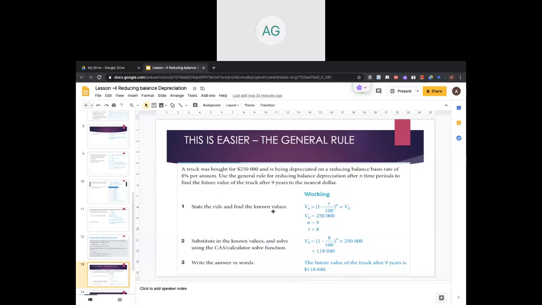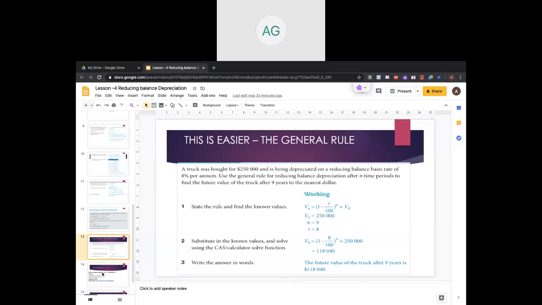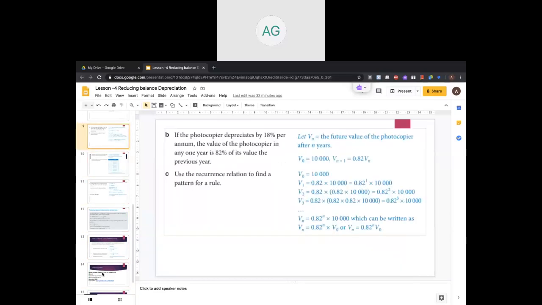That's it. So you need to check in the question whether it's a reducing balance or a flat rate, because there is a difference. So be careful about that in your SAC and exams. All right, I hope that makes sense. You just need to note how to find the recurrence relation over here. That's the formula: whatever the rate of depreciation, 100 take away that rate, raised to the power n times V0.